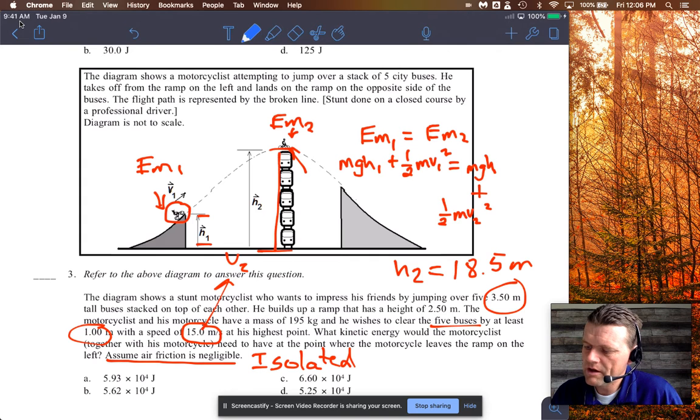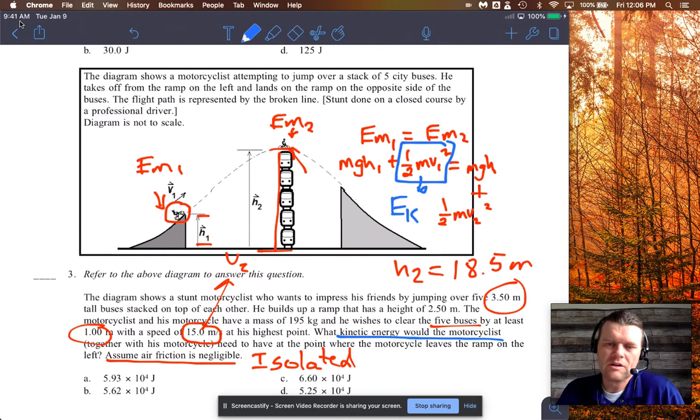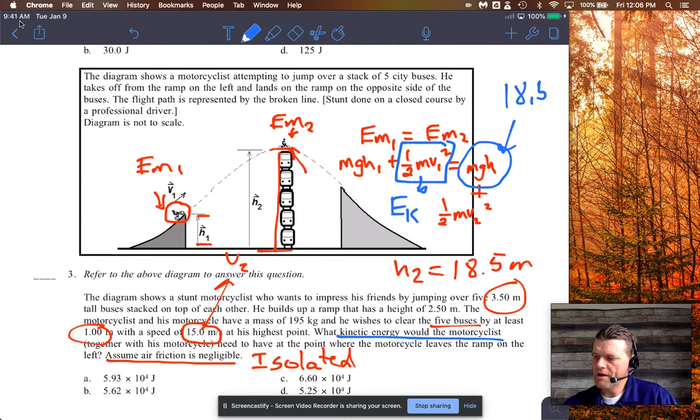This one does say, what kinetic energy does he need to have at the beginning? Well, the kinetic energy that he needs to have at the beginning would be all of this. In this case, I'm not going to need to solve for v, but you could. Effectively, what you have to do is grab this amount carefully, with h2 being 18.5 meters, and then add that to the second amount, this kinetic energy here, with v2 being the 15.